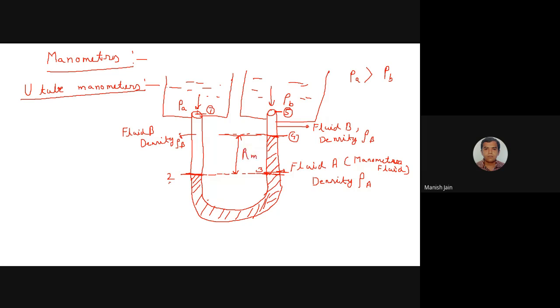Now, these two points, point 1 and point 5, are at the same level. So this distance is suppose Zm. So you have Zm, then Rm, and these two points are the same.